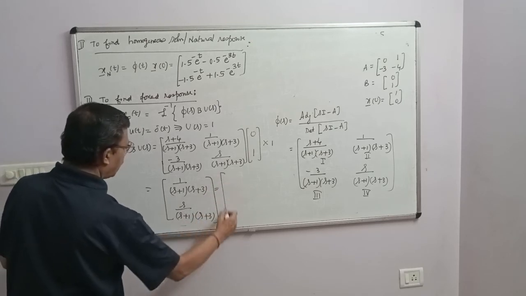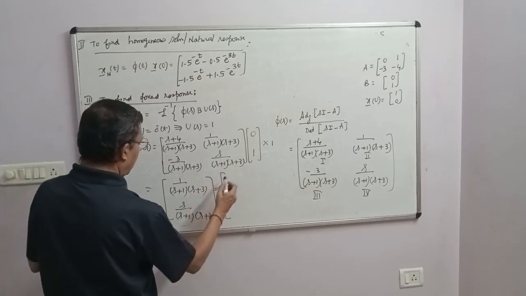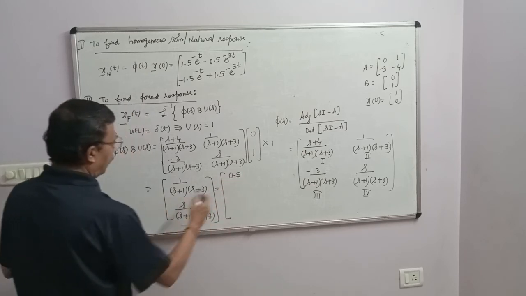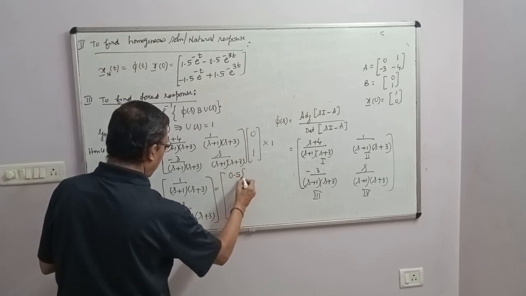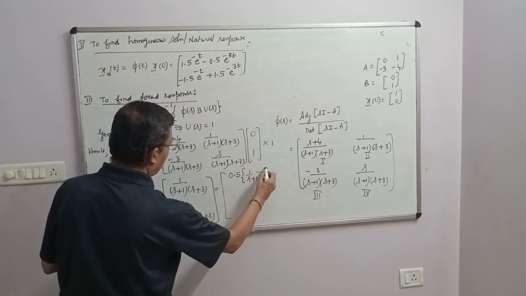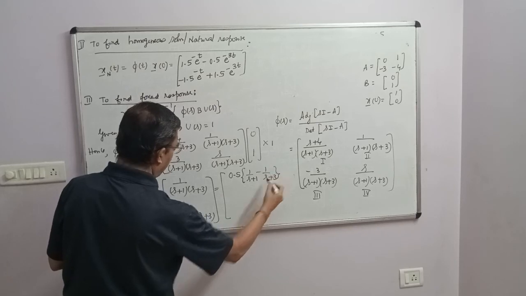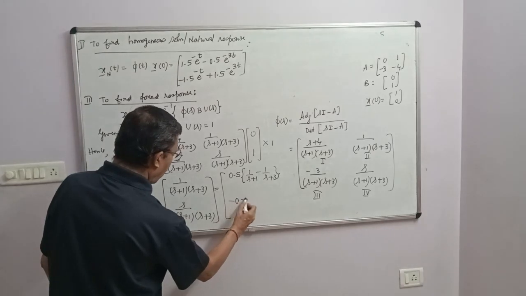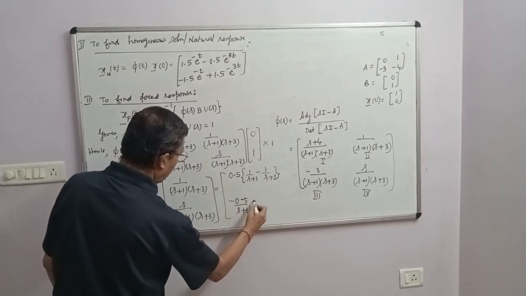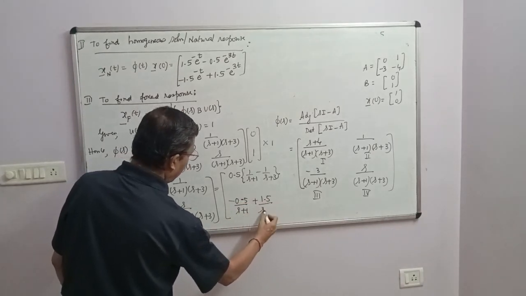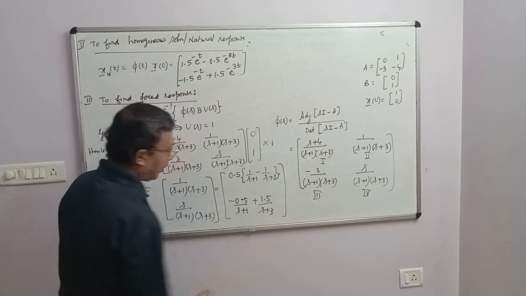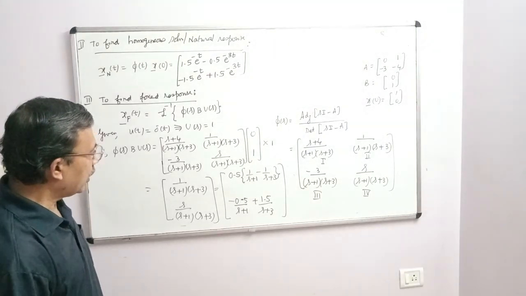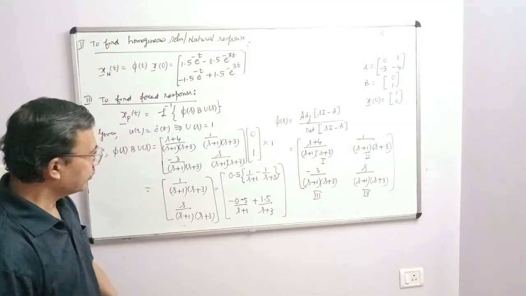So using theory of partial fractions, this is nothing but 1 over 3 minus 1, which is 0.5, into 1 over s plus 1 minus 1 over s plus 3. If you do partial fractions for the other, you get minus 0.5 divided by s plus 1 plus 1.5 divided by s plus 3. Already partial fraction of this is done.